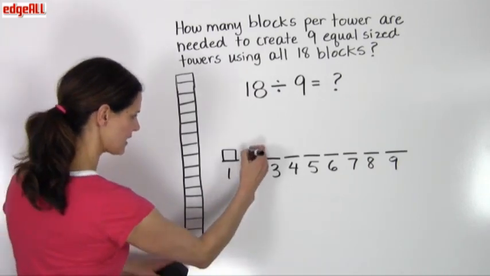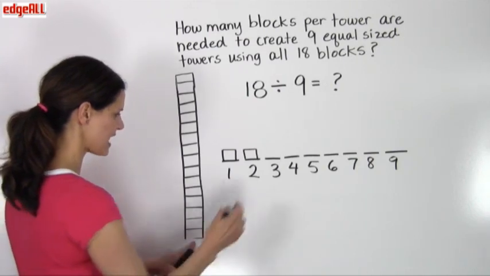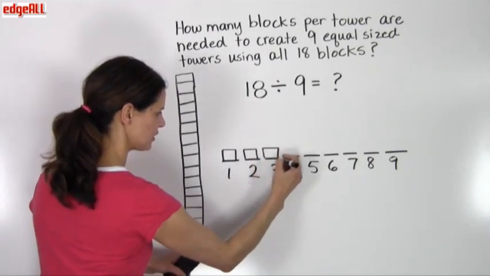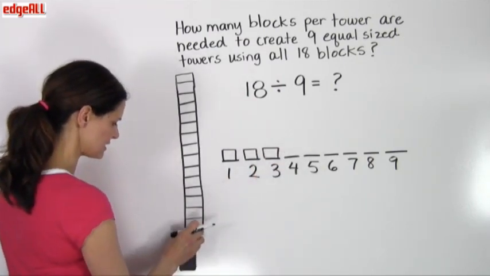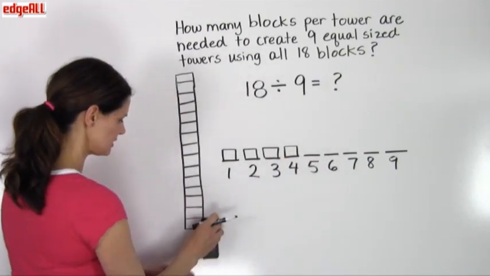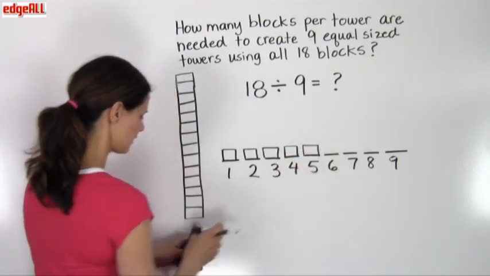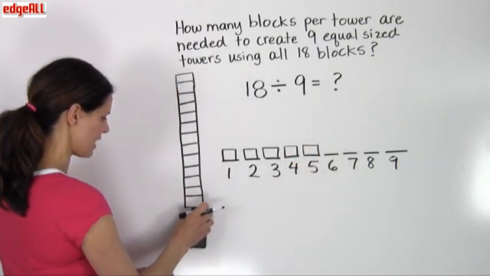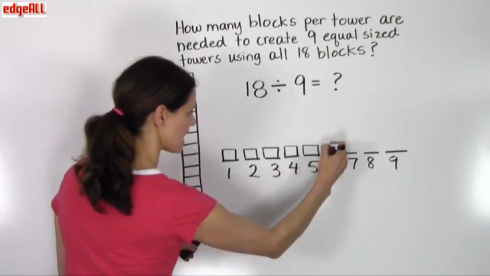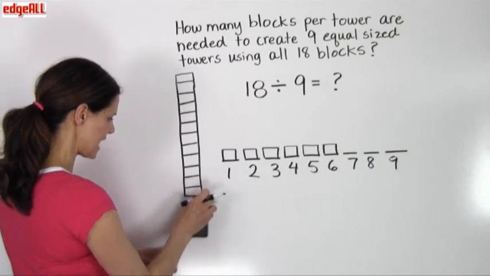My second block I'll put over here and erase from my bigger tower of 18. Third block here and erase from the big. I'll do another block for the 4, take it away from the bigger stack. A block for the 5th tower. I always have to remember to take it away each time I move it over to the smaller stacks.